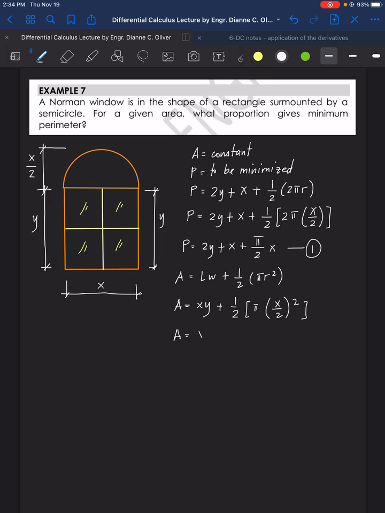So area is equal to xy plus 1/2 of pi, x squared over 4. So area is now equal to xy plus pi over 8 x squared.